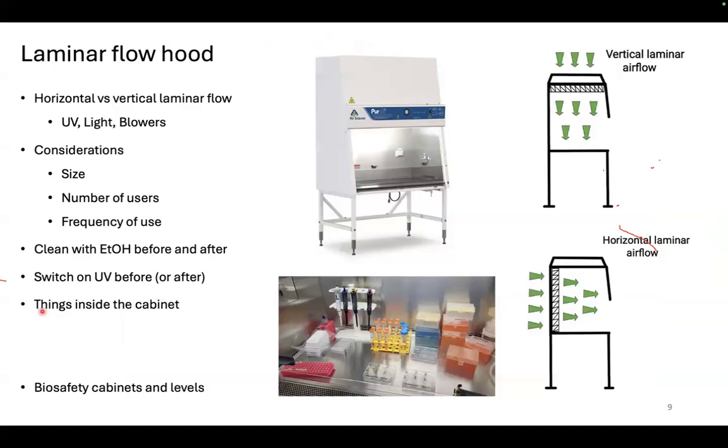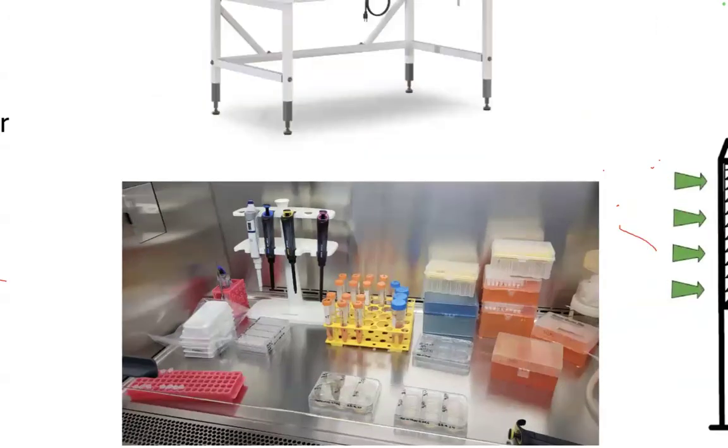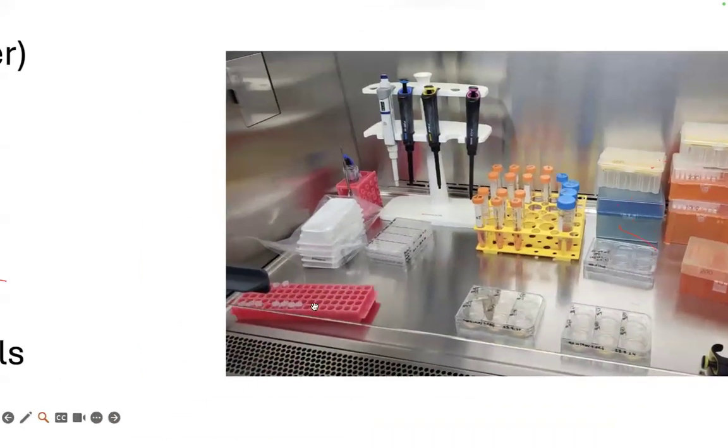So, but yes, these things inside the cabinet, what you would normally definitely need, whether or not you're keeping it inside every time, or whether one set is always inside. These would be pipettes and pipette tips. There would be a holder, generally a bigger one to keep these tubes, and a smaller one to keep your microcentrifuge tubes.